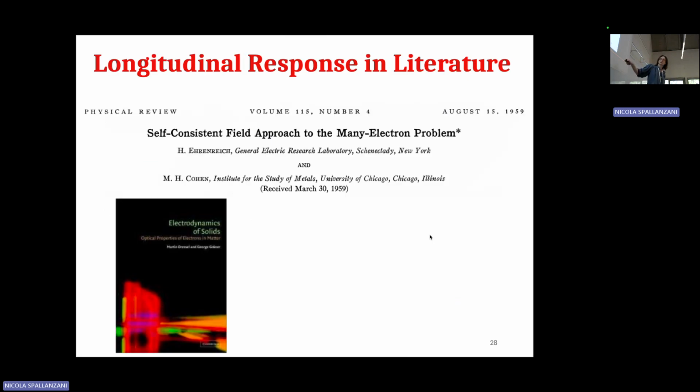The demonstration that I gave you for the independent particle expression of the electric function is contained in this book, but is also the subject of this paper here, Ehrenreich and Cohen, self-consistent field approach to the many electron problem.